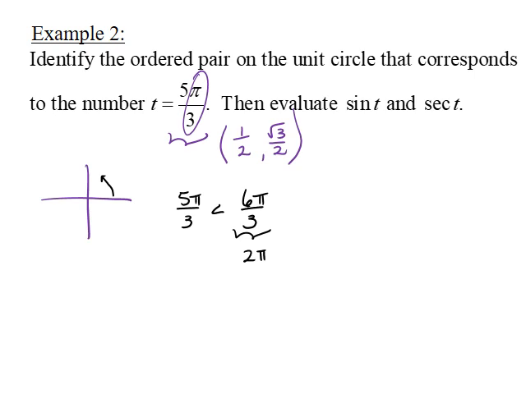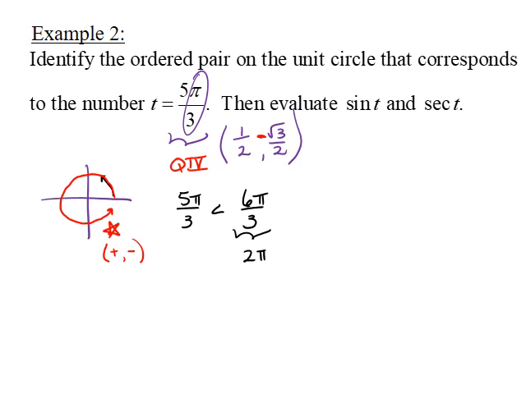So as I'm revolving about the unit circle, it is not quite one full revolution. It stops shy of that, which means 5 pi over 3 is in quadrant 4. And I know that in quadrant 4, x is positive, y is negative, which means 1/2 is positive, root 3 over 2 is negative.